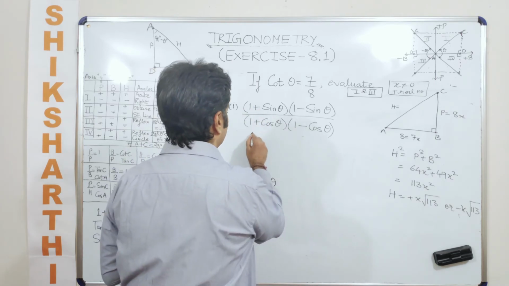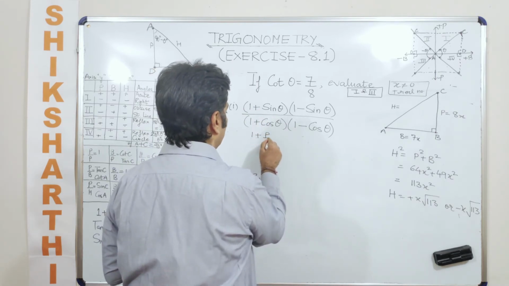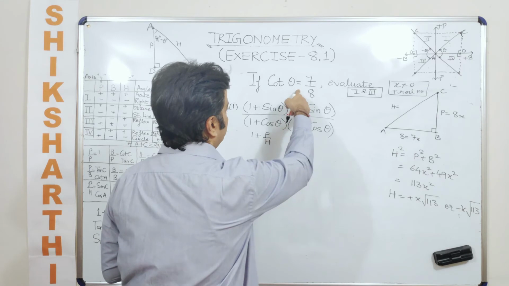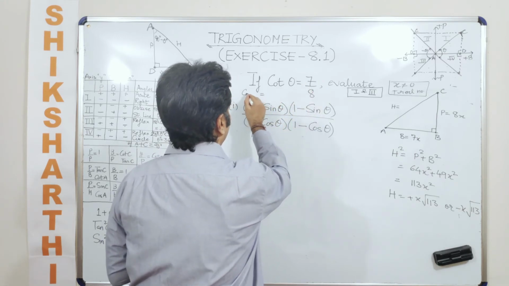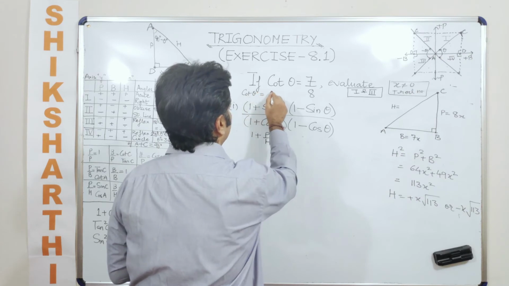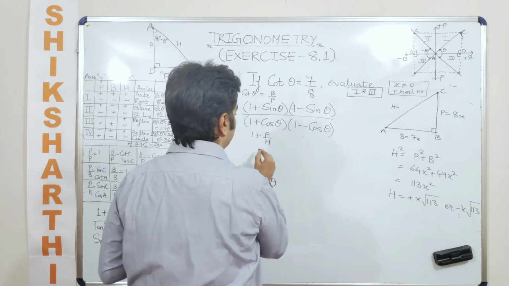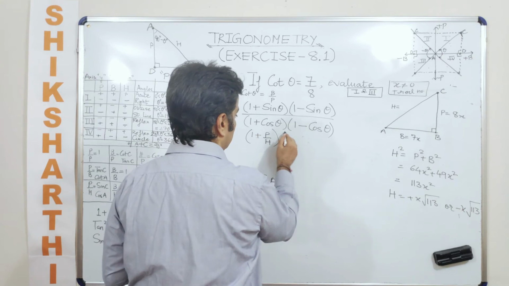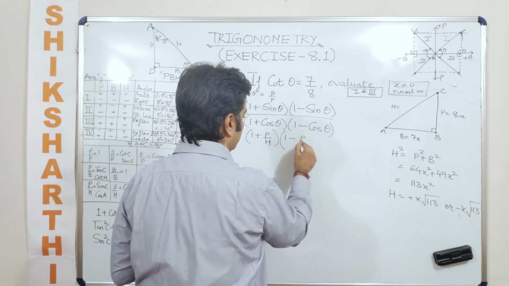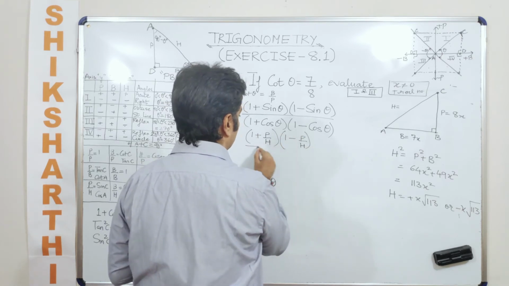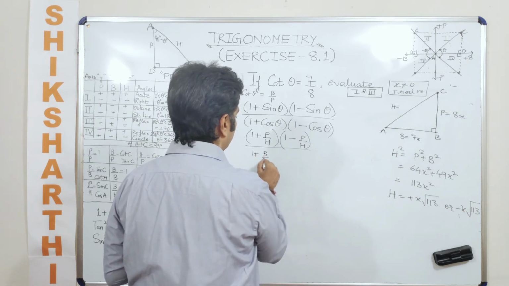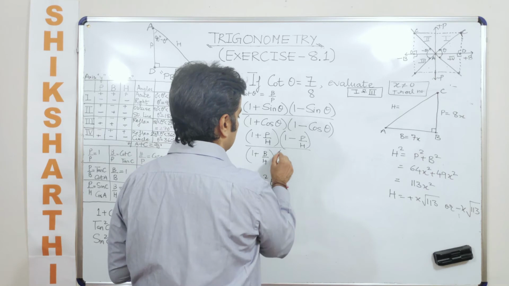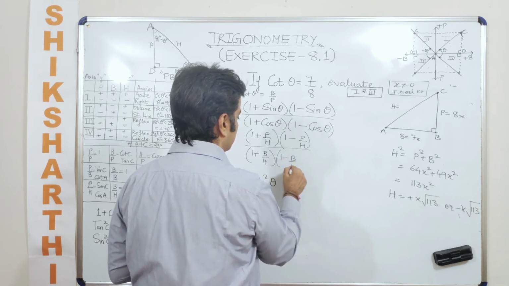So this can be written as 1 plus perpendicular upon hypotenuse, keeping in mind that cot theta is nothing but base upon perpendicular, divided by how much? Now, this is 1 minus p, this is b upon h and this is 1 minus b by h.